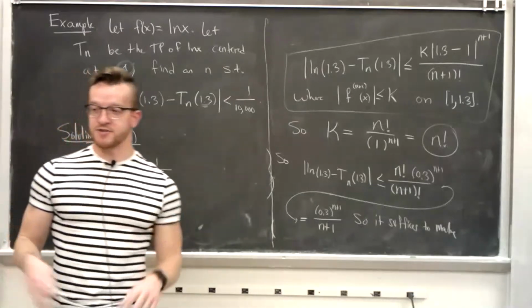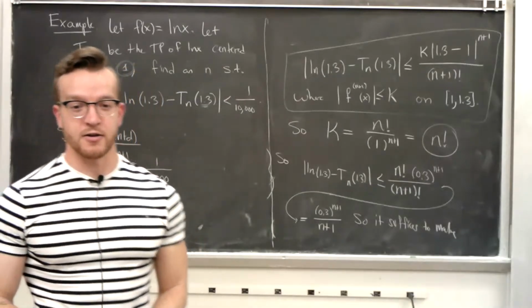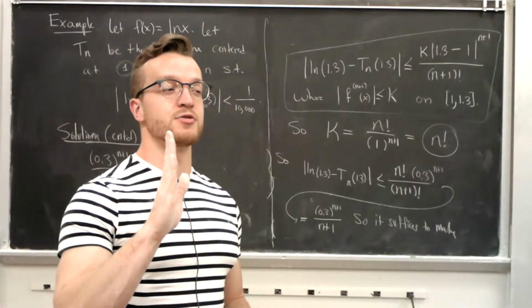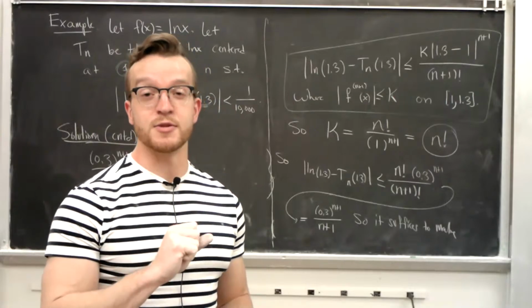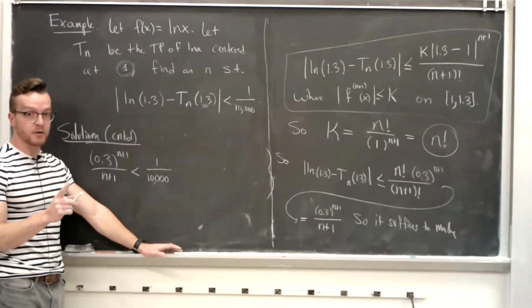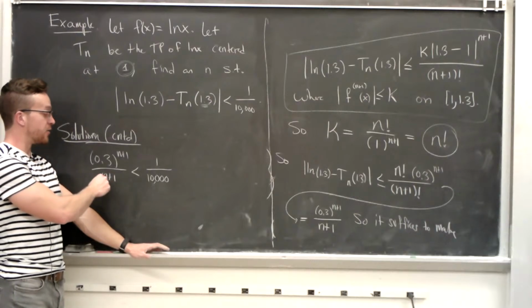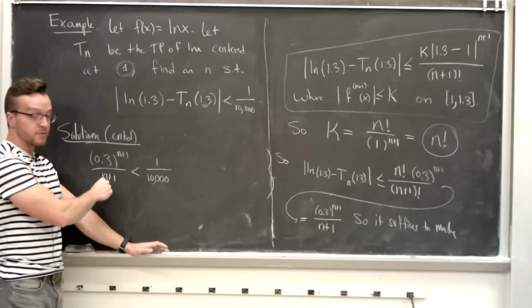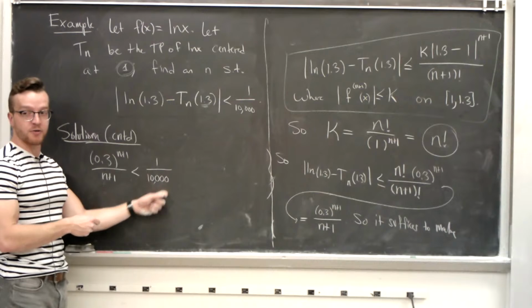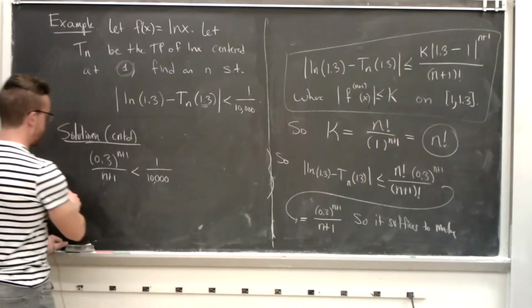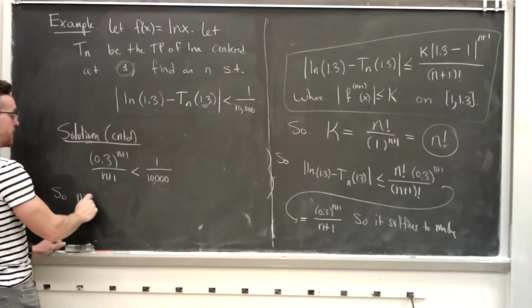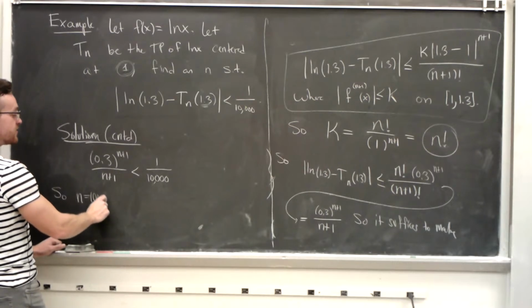Okay, as always, there are many, many things that work, and as long as you pick something and you justify it and you convince me that it works, then 1. And the denominator will be 10,001, which is for sure bigger than the denominator here. So n equals 10,000 definitely works.